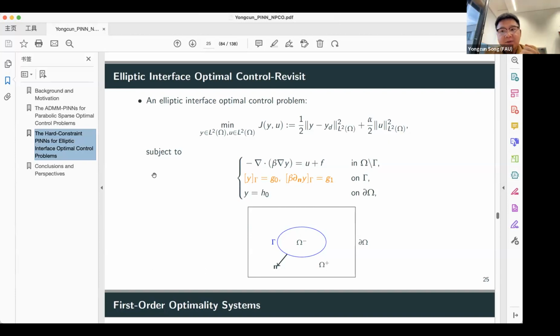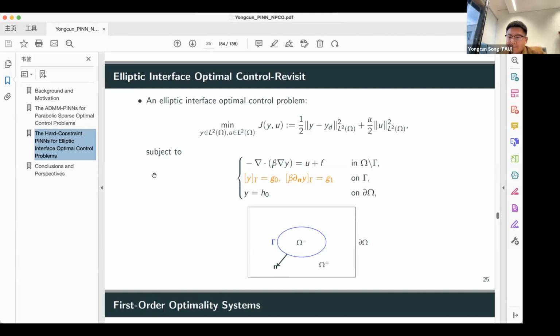But there's one problem: if we apply domain decomposition, we need to use different neural networks on different domains. For example, for the example we considered here, to approximate the state variable y, we need one neural network to approximate y in the domain omega minus, and another neural network to approximate y in the domain omega plus. That means we need to train two different neural networks. And if we employ this smooth extension, we only need to train one neural network to approximate y. Yeah, it doesn't sound very efficient.